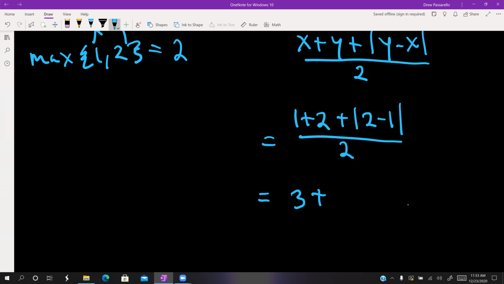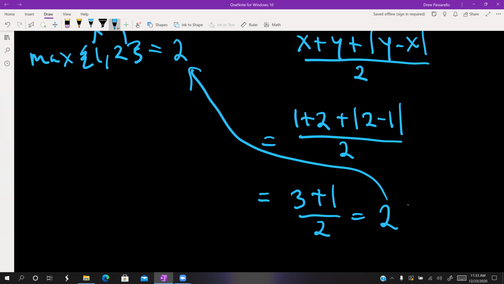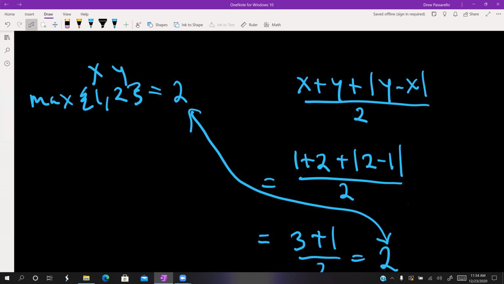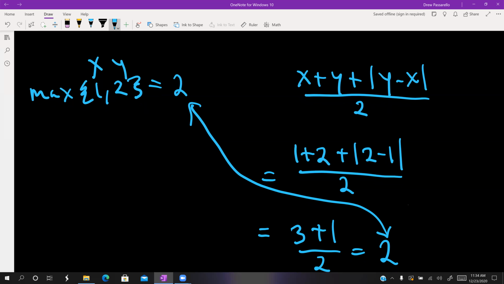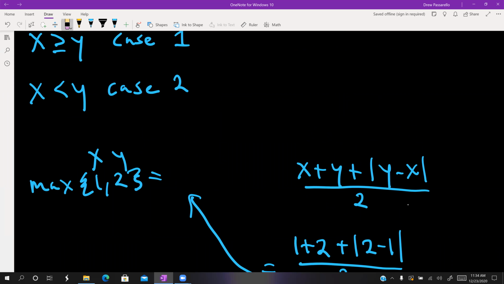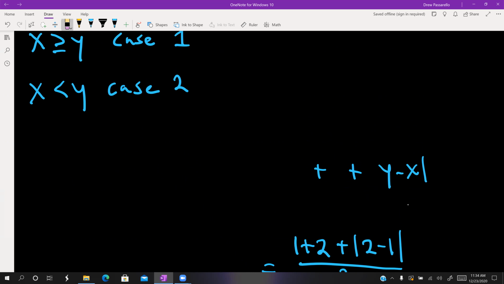The absolute value of 1 is 1, so it'd be 3 plus 1 over 2, so that's 4 over 2, which is 2. So that checks out. Now, if I switch it so x is 2 and y is 1, it's the same thing. That was just to demonstrate it. Obviously, that's not a proof.